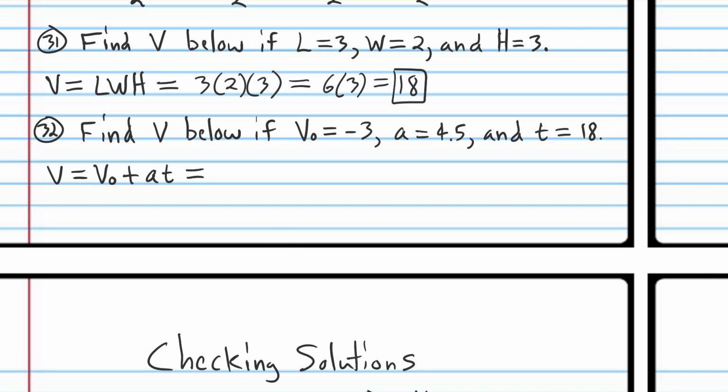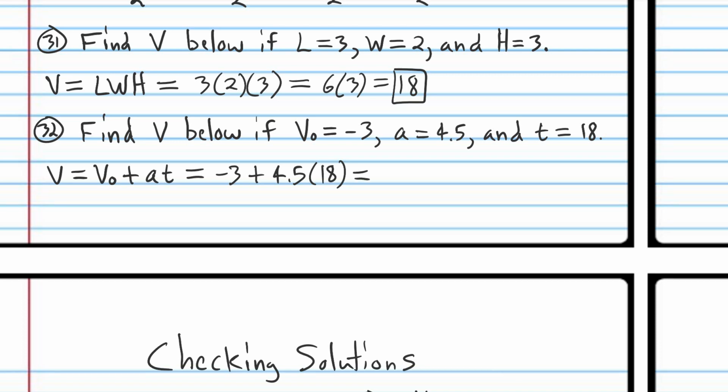All right, we're back. So V0 is equal to -3. That's all of this is V0. And a is 4.5. And we have 2 letters next to each other, which means multiplication, so we have to put parentheses. T is 18.